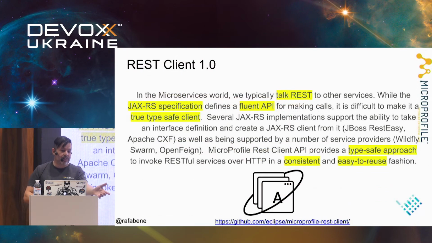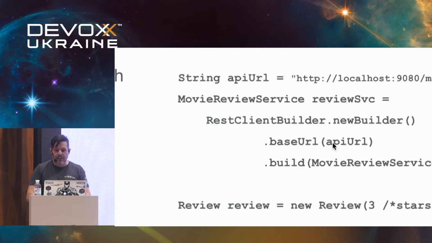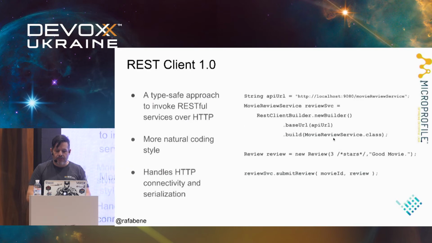REST Client is really nice because, again, we need to communicate from service A to service B. So there is a type-safe approach, which is you create an interface, then you can use your REST client builder, give the URL, and then build the interface.